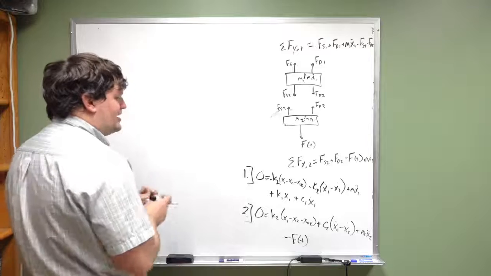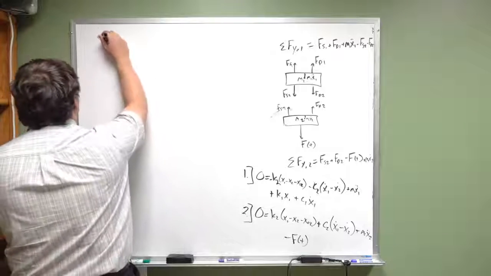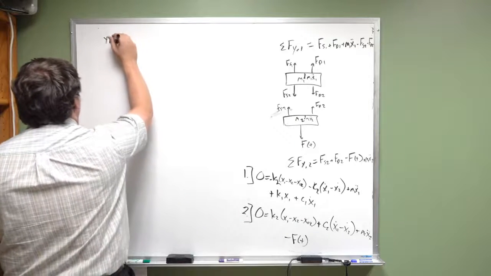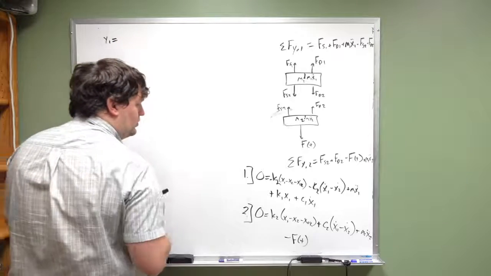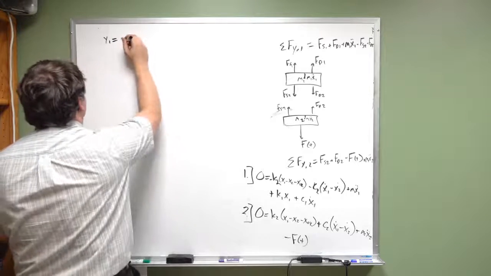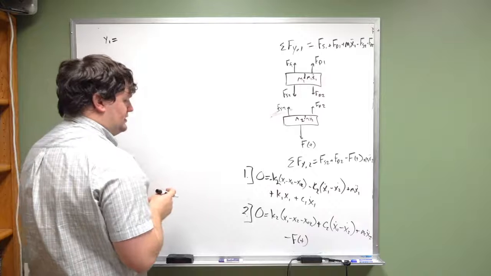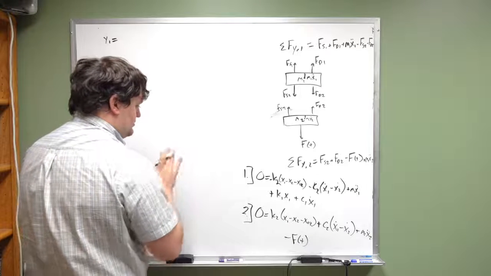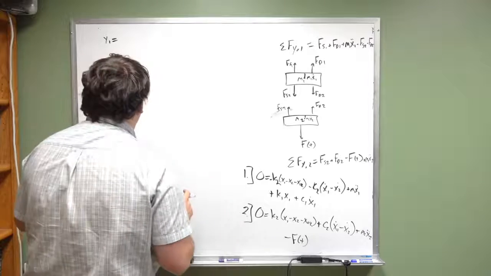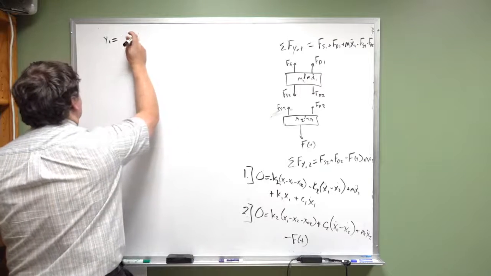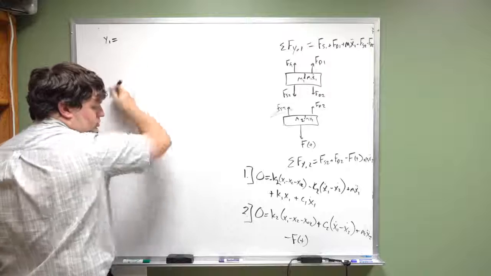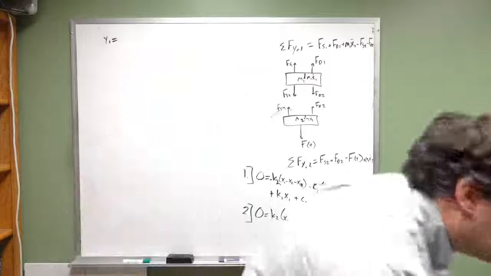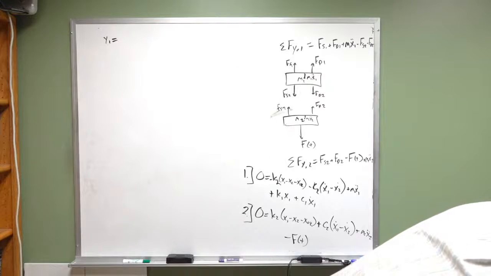So I'm going to go ahead and define y1 is equal to, let's see. We'll say y1 is equal to, hold on, let me look at my notes. I want to make sure I'm doing this right.